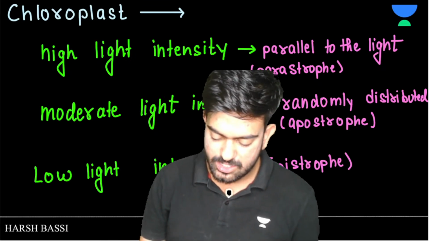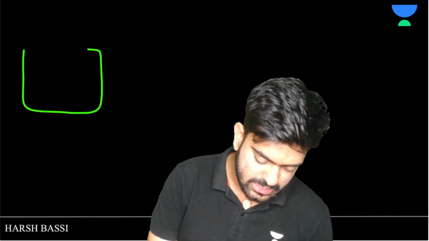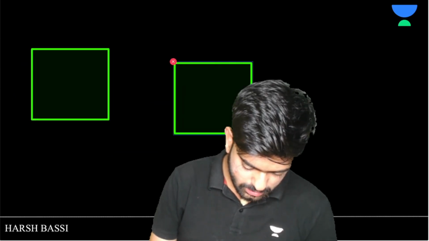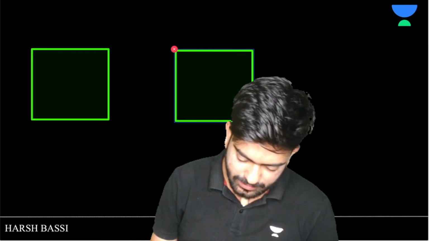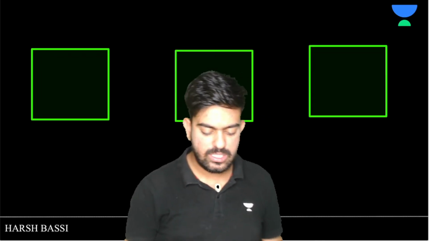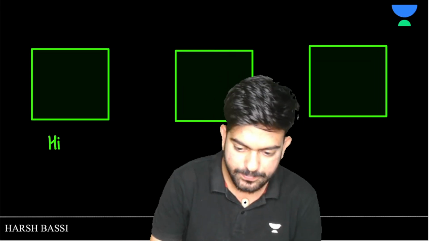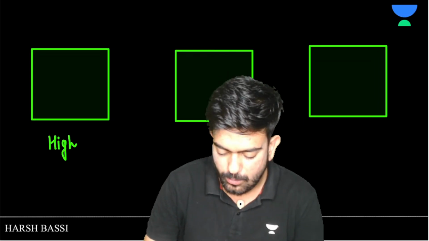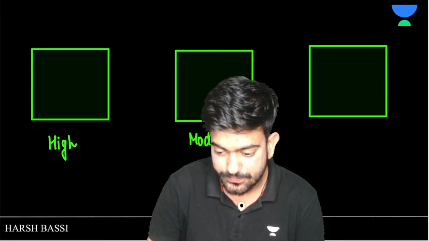Now let us understand this with the help of a very quick diagram. So let's suppose this is the chloroplast, one chloroplast. Next we have the second and next we have the third. This one is the high light intensity. This one is the moderate light intensity.